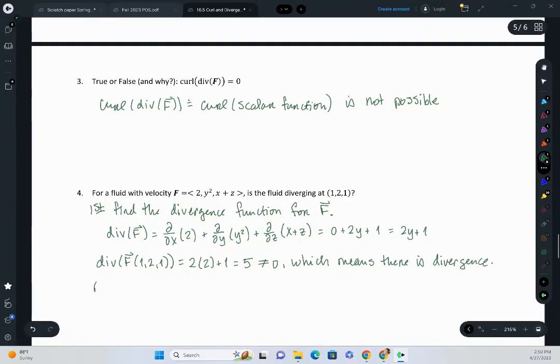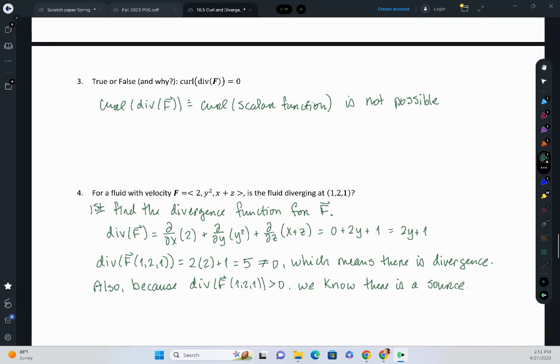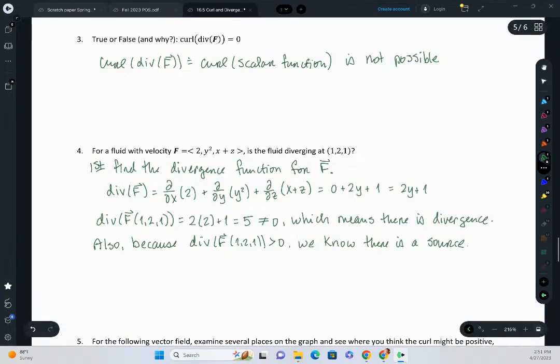And also, because the divergence of F of 1, 2, 1 is positive, we know there is a source. If we had gotten a negative value, we would know that there was a sink. So that's just one example of where we can use that.